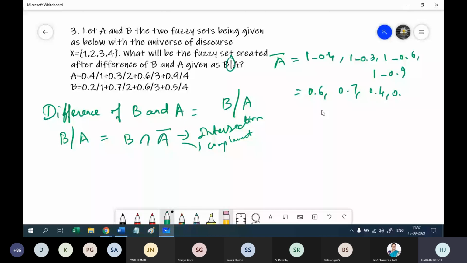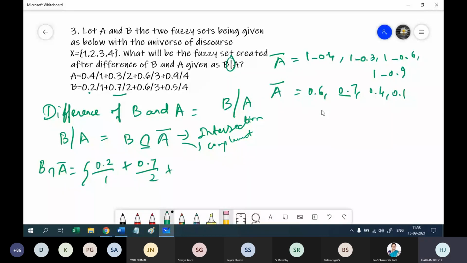So B intersection A bar is equal to, so intersection means we should consider the minimum value. So 0.2 and 0.6, which one is minimum? 0.2. Then 0.7 and 0.7, it is 0.7.